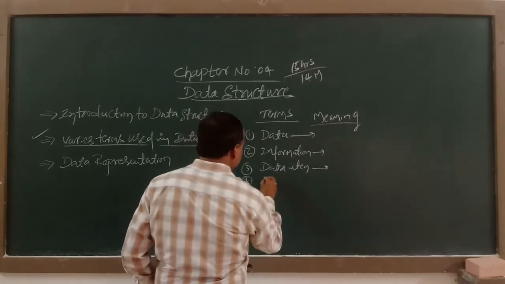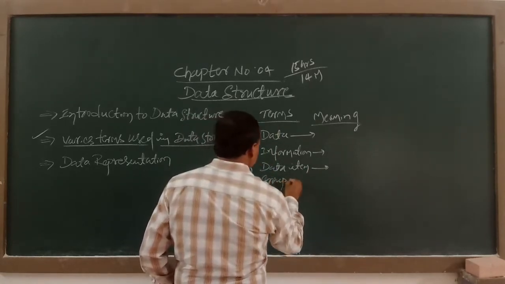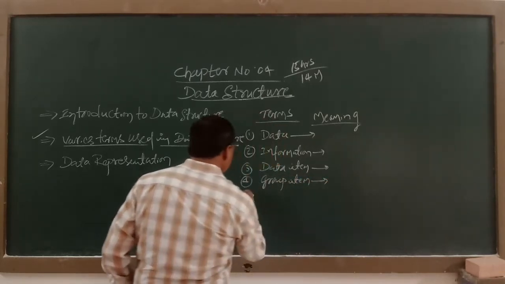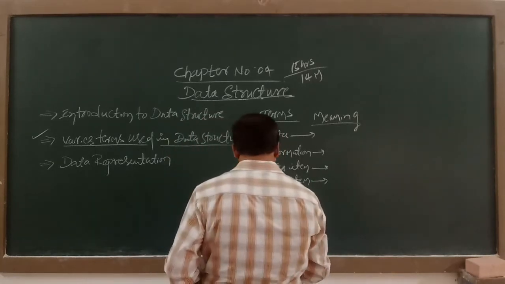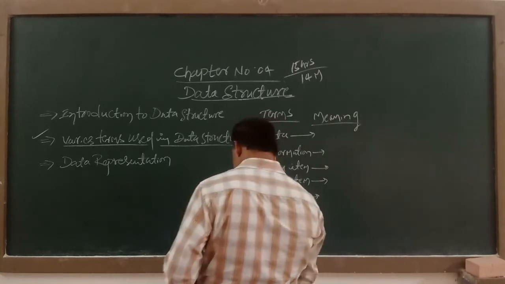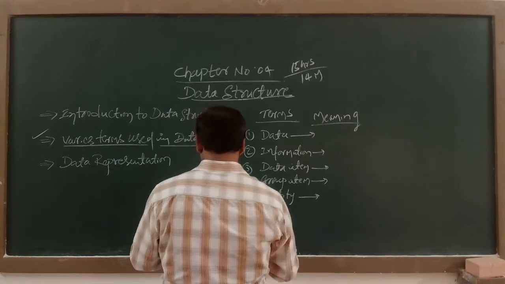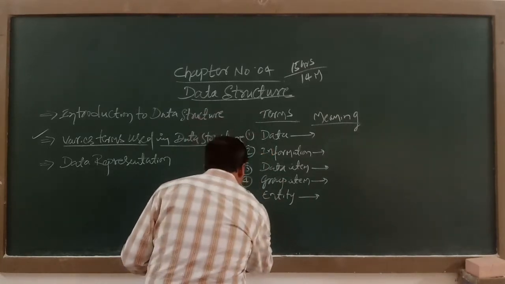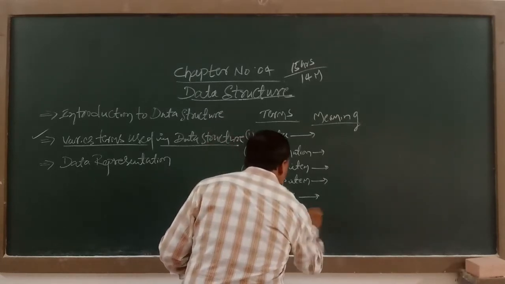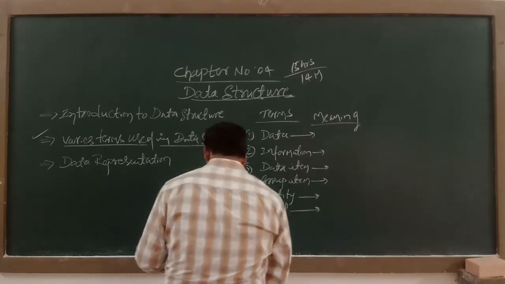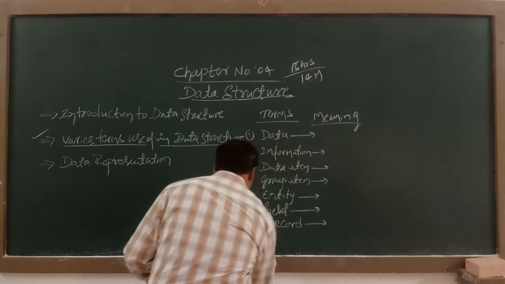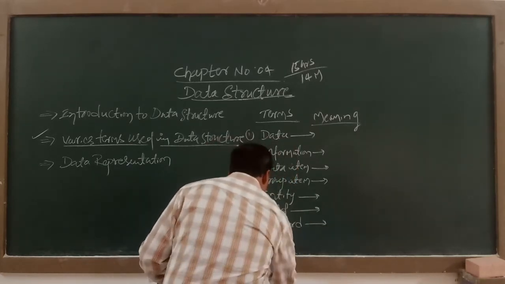Fourth one, group item. Fifth one, entity. Sixth one, field. Seventh one, record. Eighth one, file.